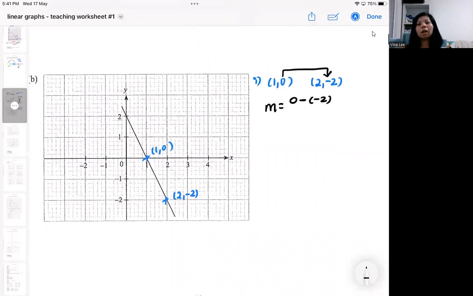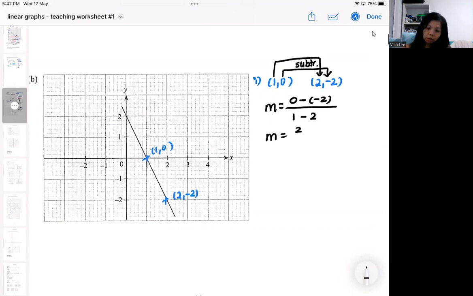You subtract 0 minus minus 2. Then the bottom part, you are subtracting the x coordinate. So subtract in the same direction. So 1 minus 2.